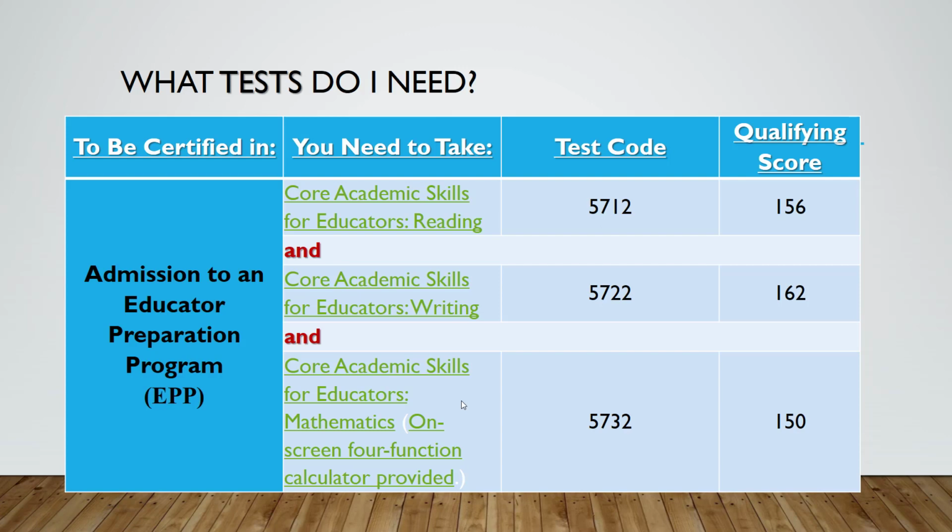If you scored higher than a 22 on your ACT, you will take the writing. Anyone scoring less than 22, such as a 21 or below, must take all 3 tests. The test codes are listed here. Your qualifying scores to pass each of the exams are listed here.